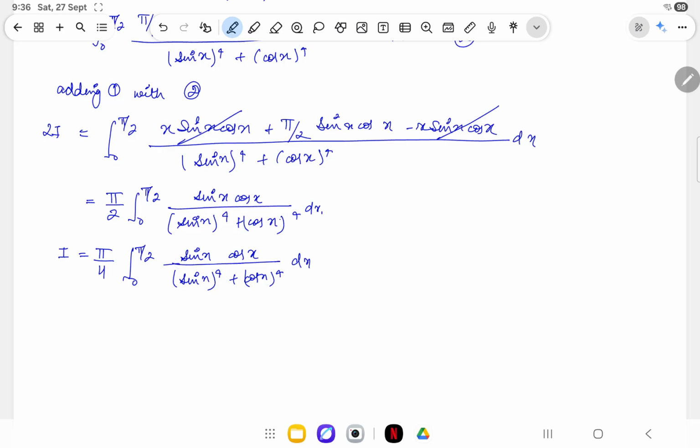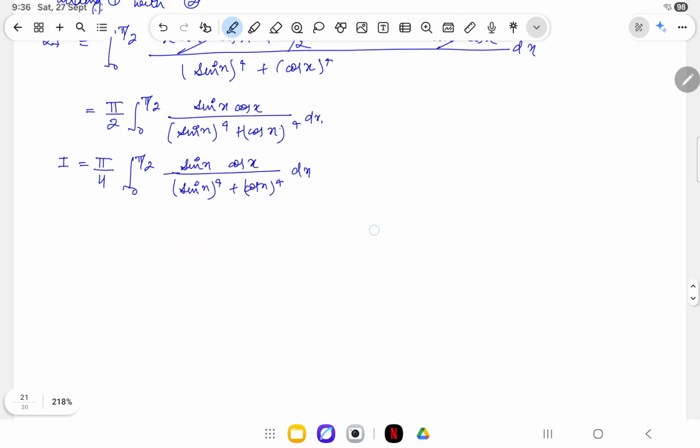Now to solve it from here, let's divide both numerator and denominator by cos x raised 4.